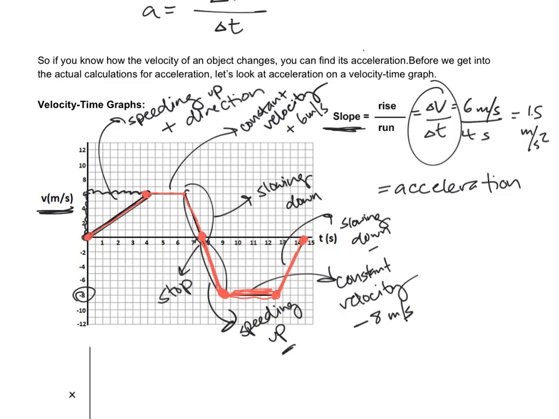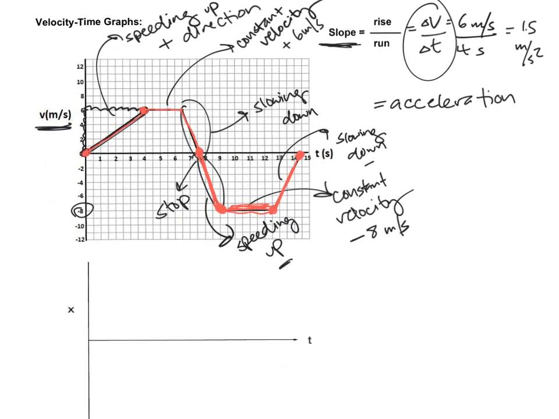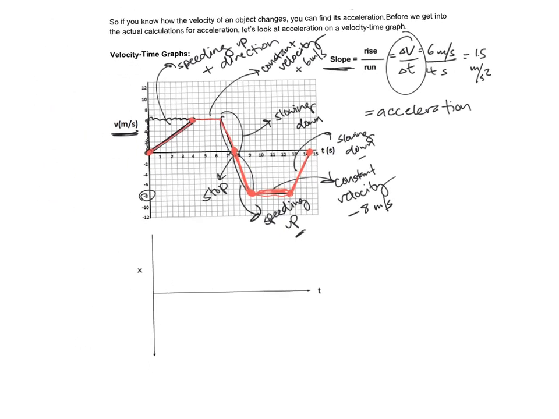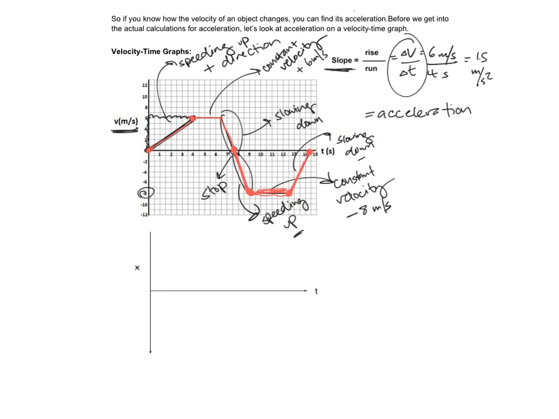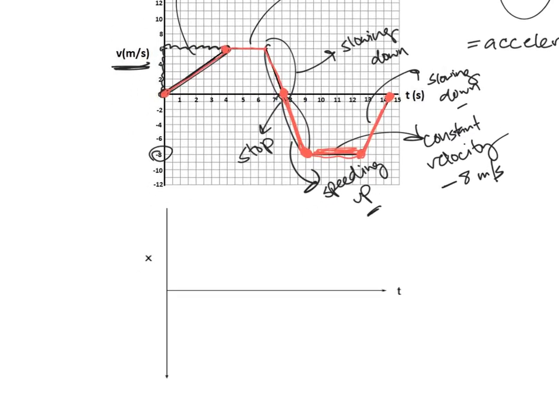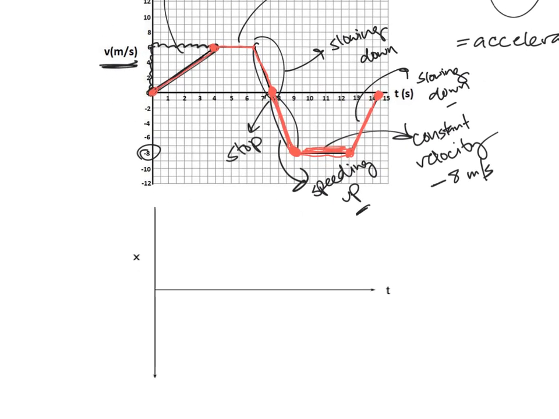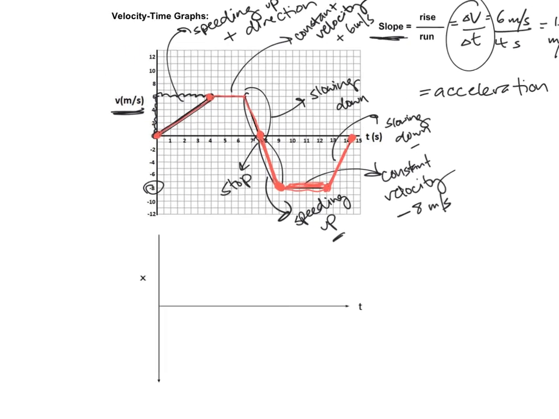Now, if we wanted to look at this on a position time graph, it's going to be a little bit difficult because to actually graph it really well, you kind of need a little bit of calculus knowledge or some knowledge that we don't have at this point. But we are going to show that the first leg is speeding up.